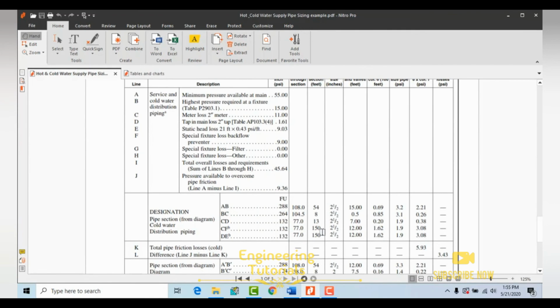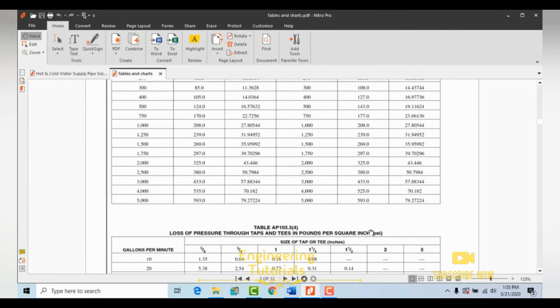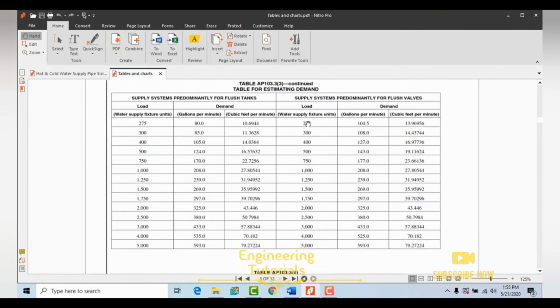Then 264, how many GPM? For 264 fixture units, this is 250 and this is 275. We don't have 264, so we will go for the higher value, that is 275. For 275 load, we will get 104.5 GPM.